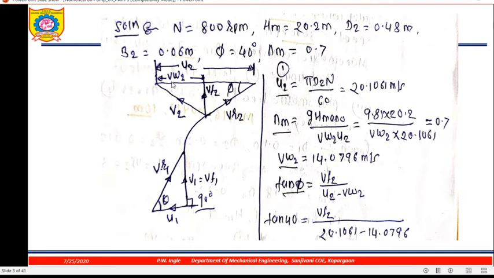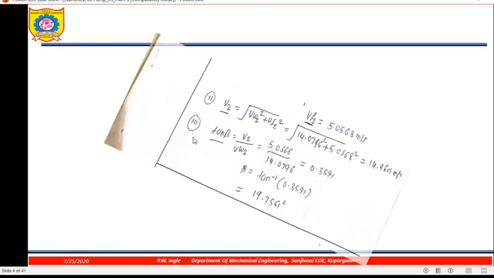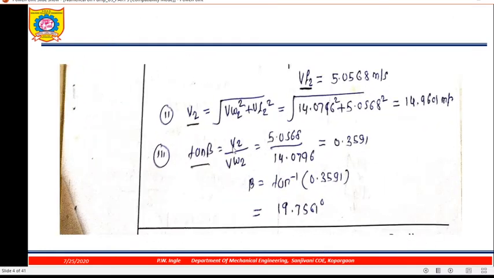So tan beta is Vf2 upon Vw2, opposite upon adjacent. So it is not V2, it is Vf2. By mistake, I have written V2 here. So it is 5.0568 upon 14.0796. So you will get the beta angle.